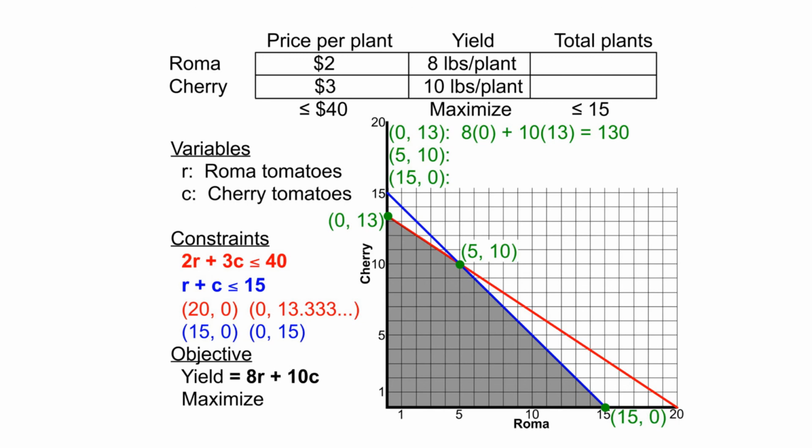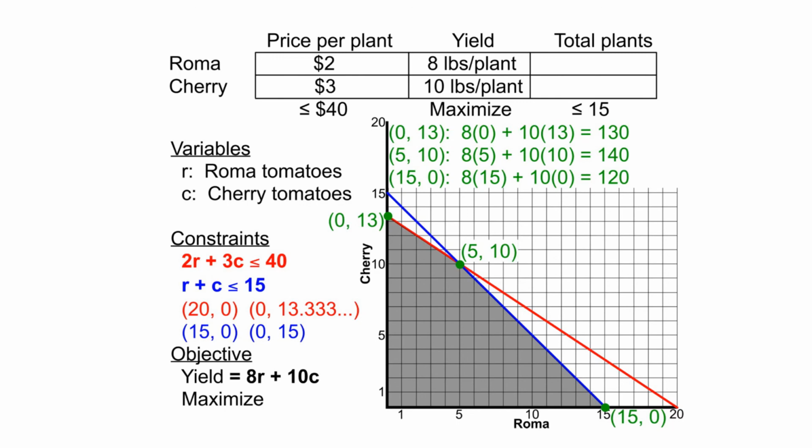Repeat the process now for the other 2 points. See what our yield is for each of those now. And when we've done that, these are the numbers you should be getting. 1 point gives us 130, the other one 140, and the other 120. Now what am I looking for here?